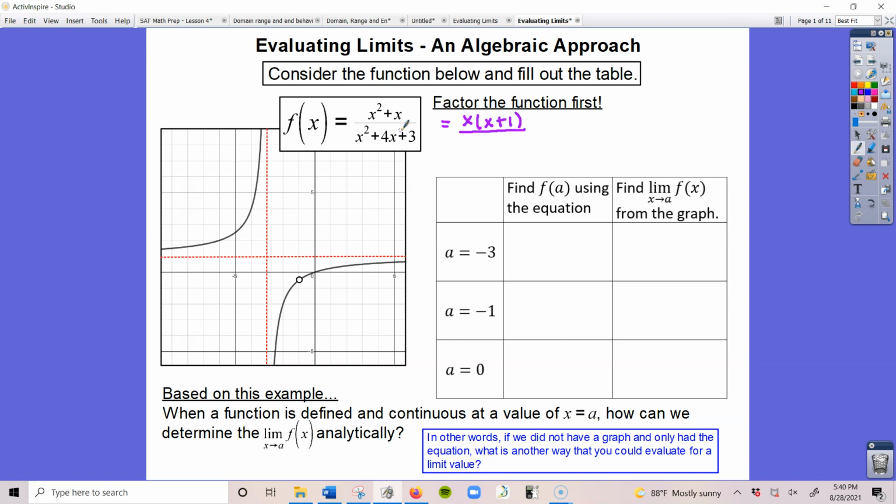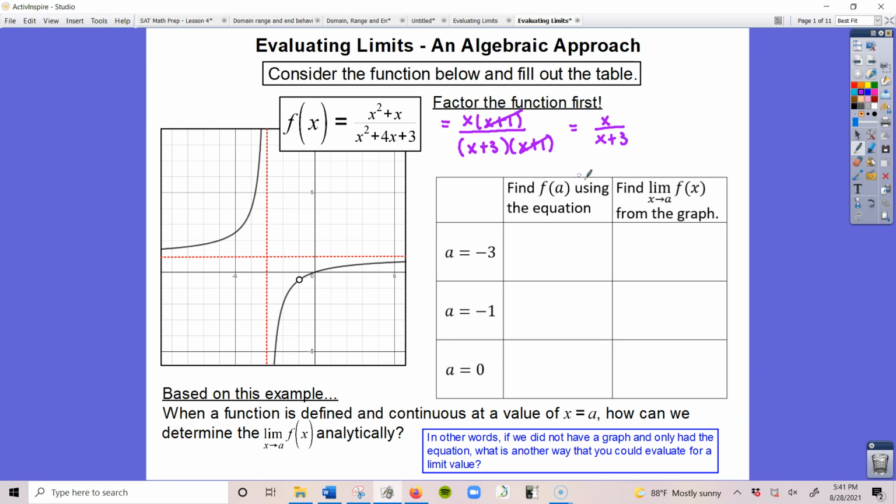In the denominator, we can factor that to be x plus 3, x plus 1. And now we can cancel the x plus 1, leaving me with a simplified rational function of x over x plus 3.